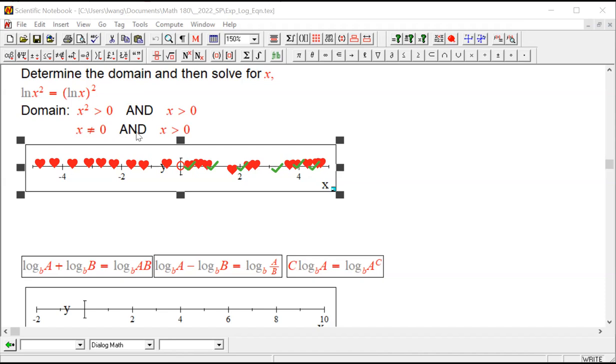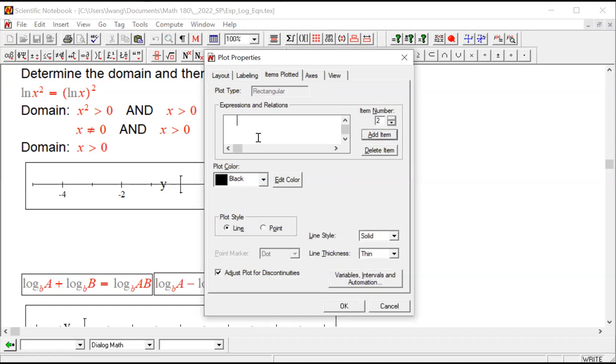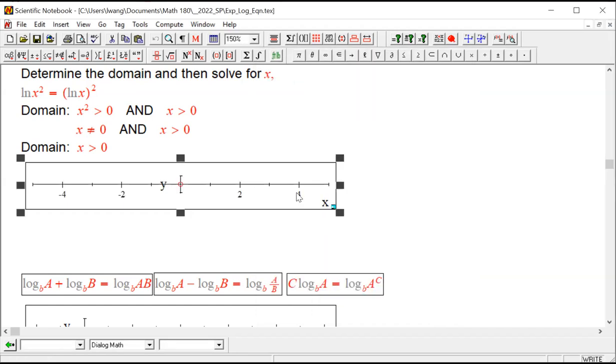And of course, we want that to be and, right? And therefore, the final domain is the solution must be in x is larger than 0. Okay, so we're going to show that on the graph. We're going to have a circle at 0, 0, right?